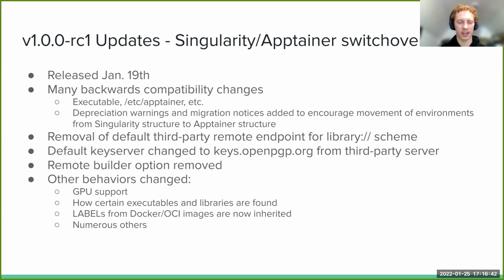There have been some compatibility changes, for example, labels from Docker and OCI images are now inherited. So some better support for Docker and OCI images, and numerous other changes. There's a full list of them out there in the changelog on GitHub. So if you want to take a look at that, it has more info.